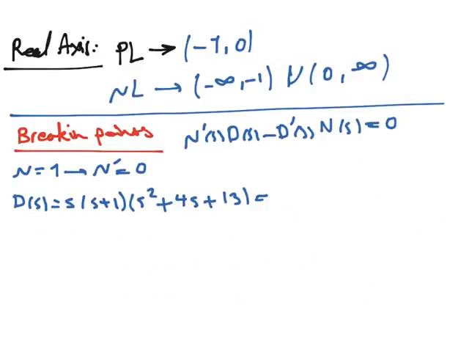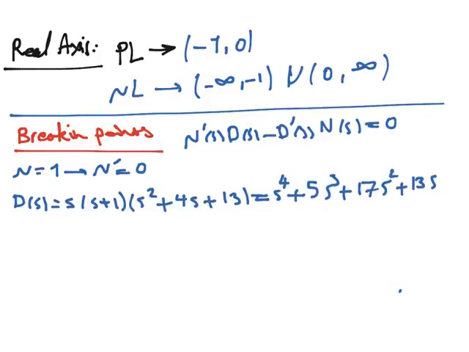Okay, and then we can just rewrite it in order to be able to derive it easily. So we will have s^4 plus 5s^3 plus 17s^2 plus 13s.